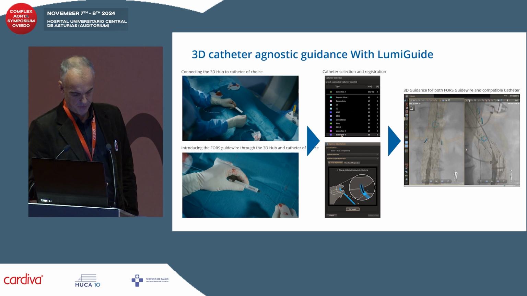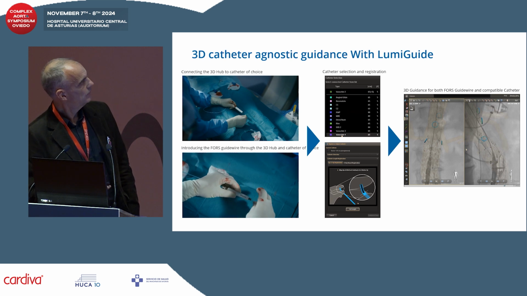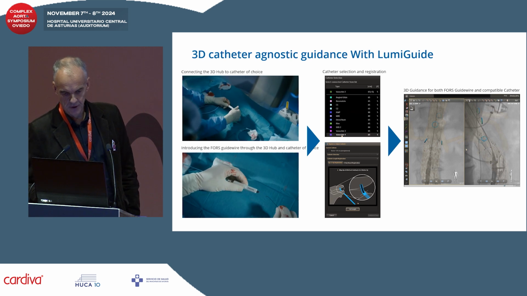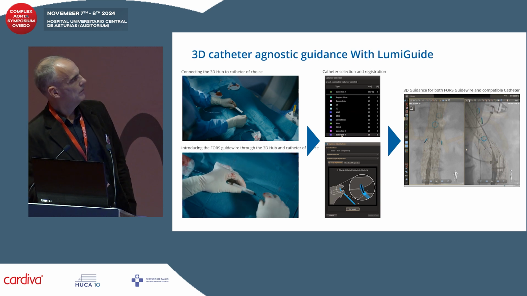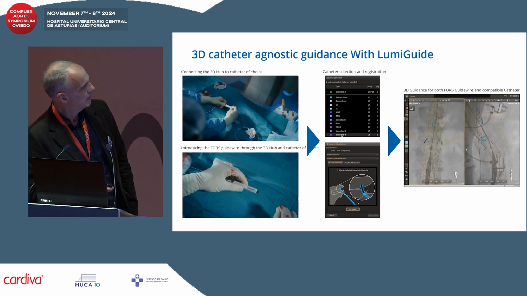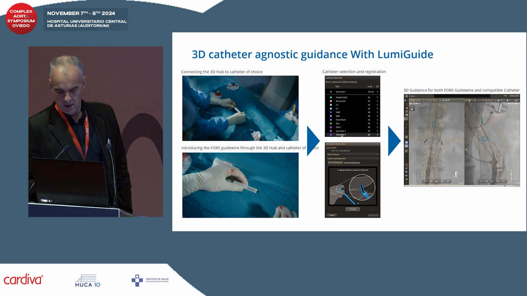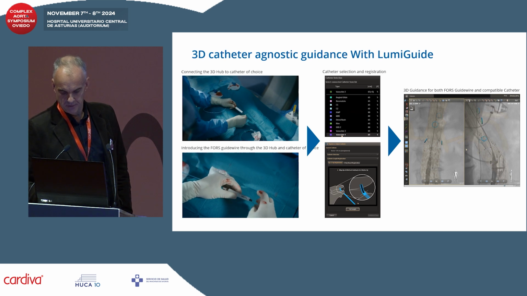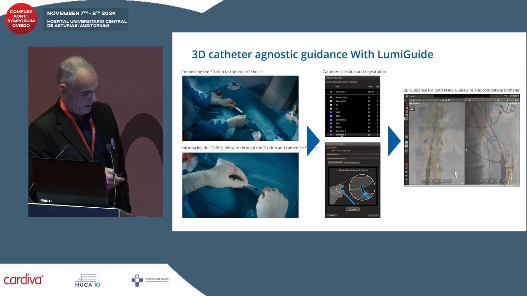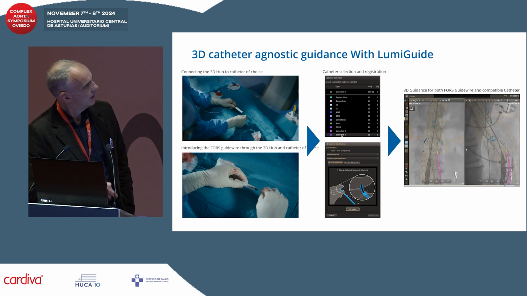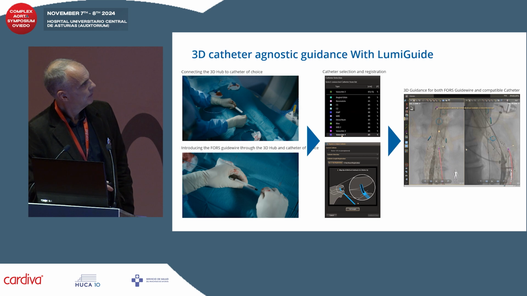So this is what it looks like. The 3D hub is connected to the catheter of choice. The guide wire is a little bit like a Terumo glide wire, a little bit stiffer, but similar. Then you register the catheter and the guide wire as part of setting up your fusion in the OR.